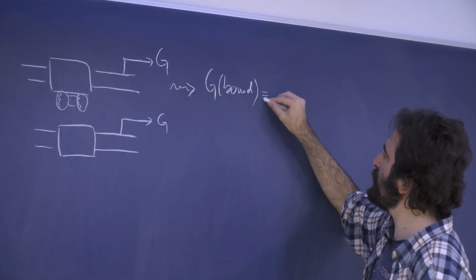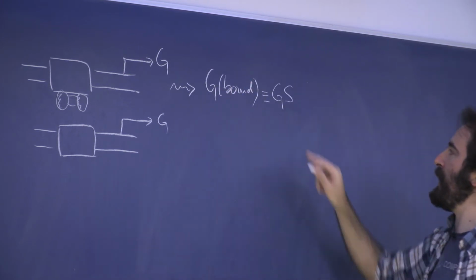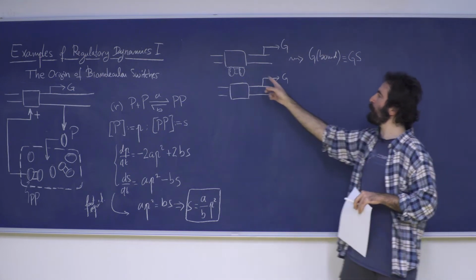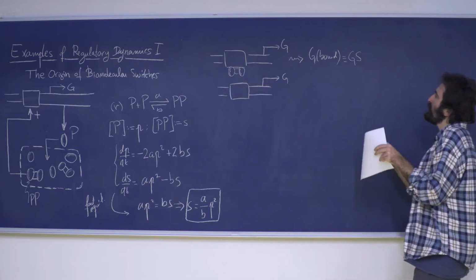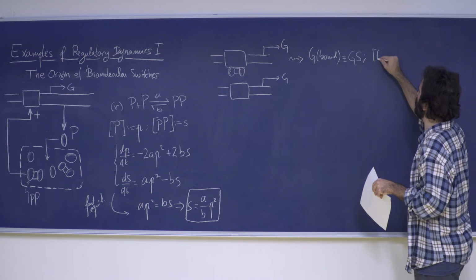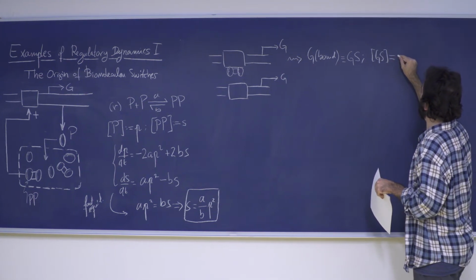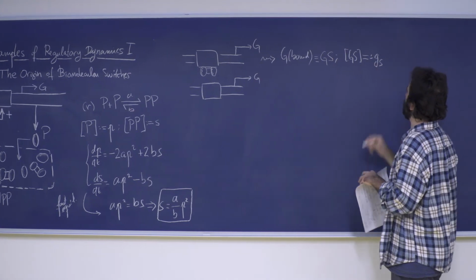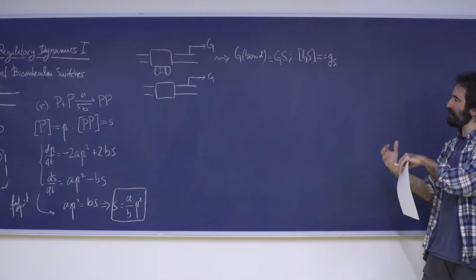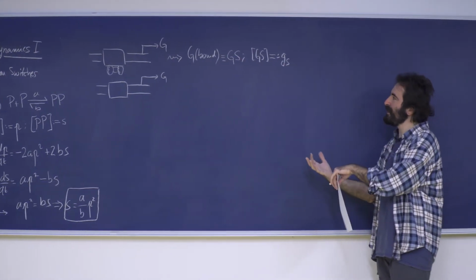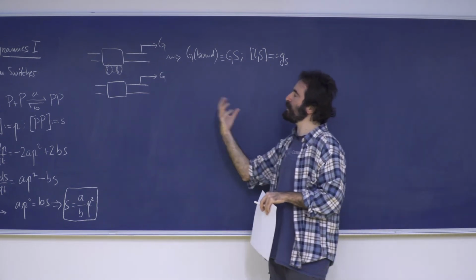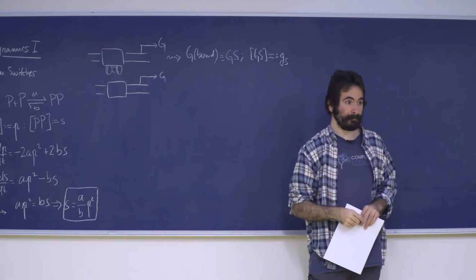We're going to call this GS. Why S? Well, remember, S is how we call this dimer. So this is GS, and then we're also going to introduce the following notation, where this is defined as g sub S. So this is the concentration of genes, or the probability that I have a gene attached to the dimer and therefore being expressed.